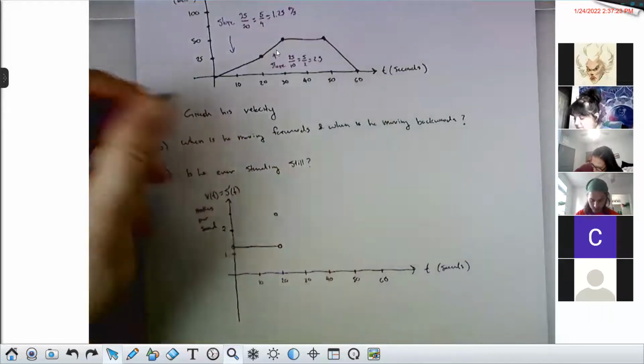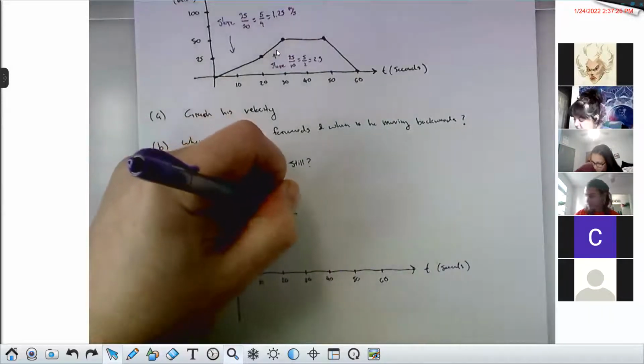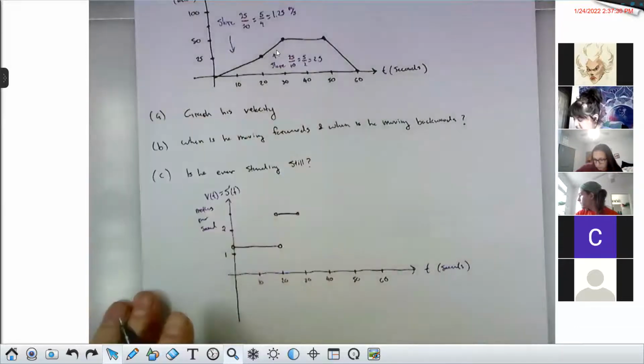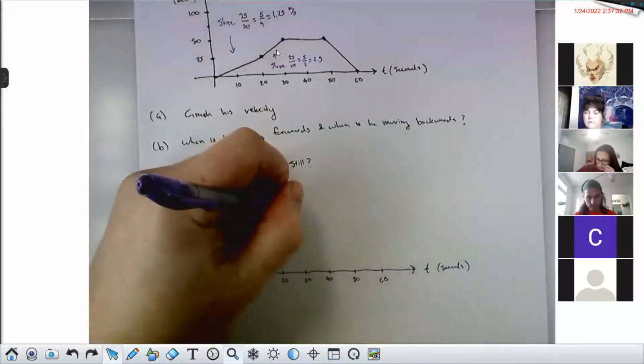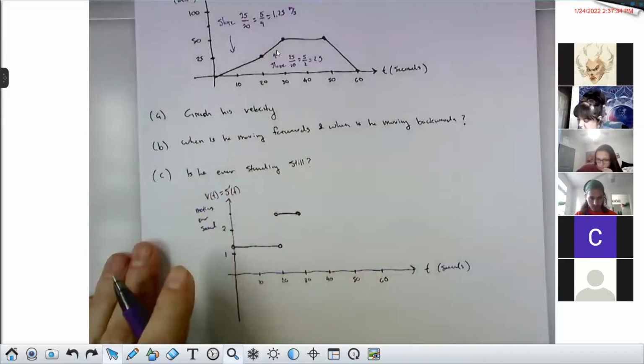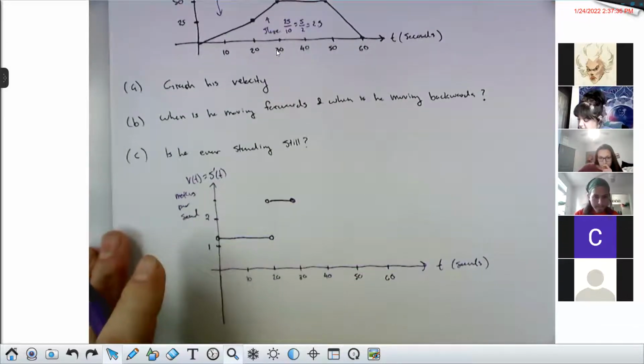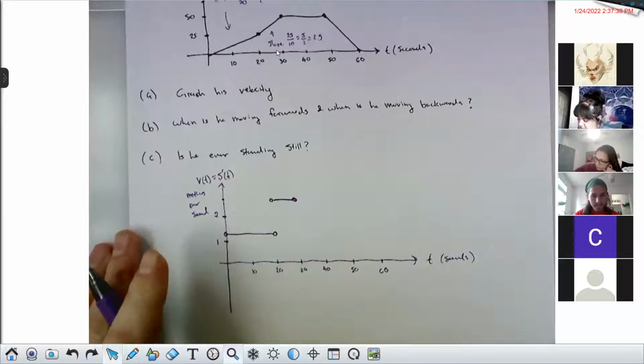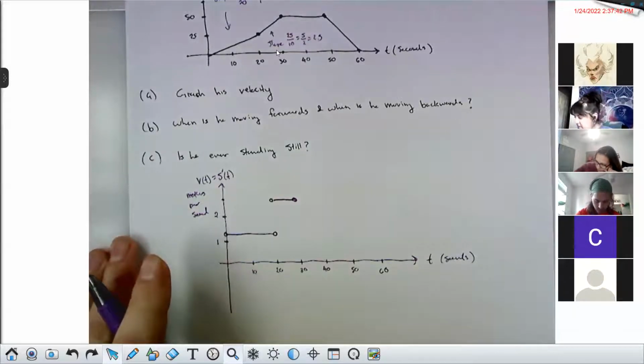Open circle here. He does this only for 10 seconds. And it's hard to see there. I know it's open there. Then from time t equals 30 seconds to t equals 50 seconds, he's holding still.